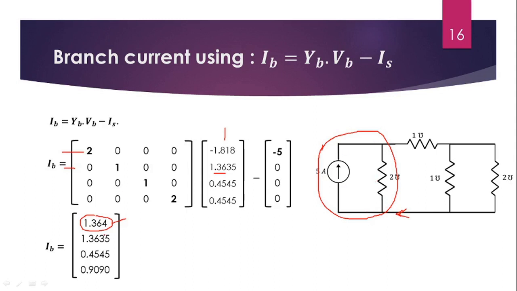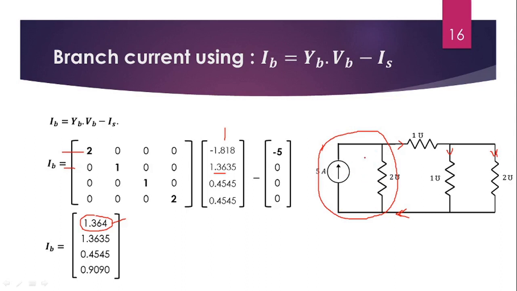So 1.365 is the current flowing through this branch, which is near about the same, there may be small decimal deviations. 0.4545, it may be because our calculators take all the decimal points, so that's why it is rounded up to 1.364. So branch 3 is having 0.4545 and branch 4 is having 0.9090. So what actually is the current flowing through this 2 mho branch?